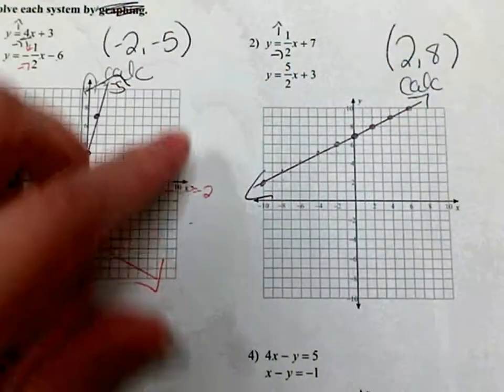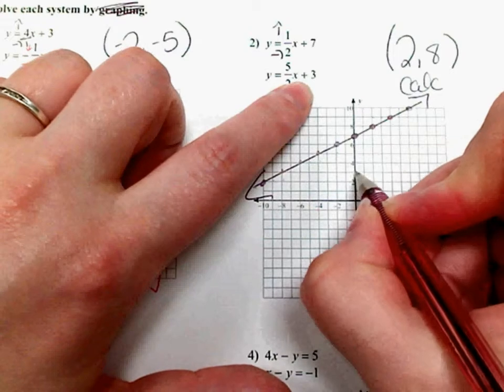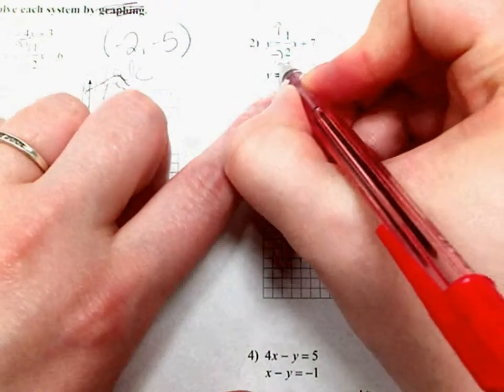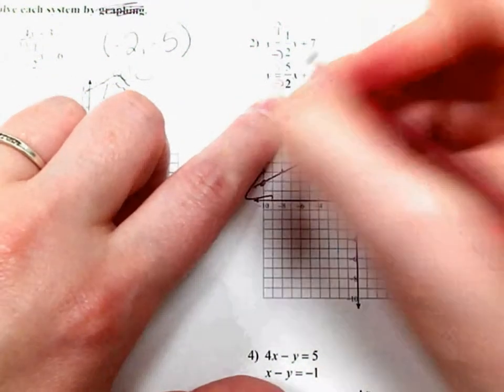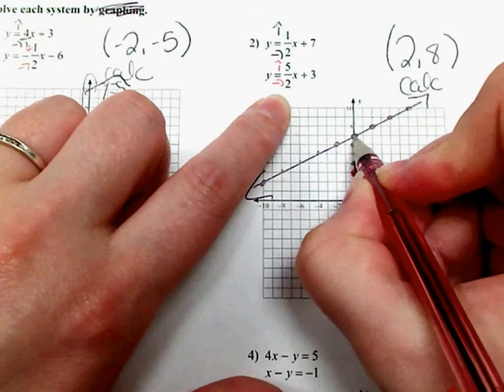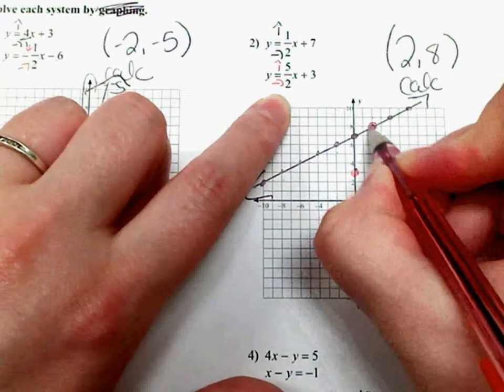So now my second line here, I'm going to start at positive 3. And this is positive, so I'm going to go up 5, forward 2. And I've already found my answer, so I don't need to do any more.